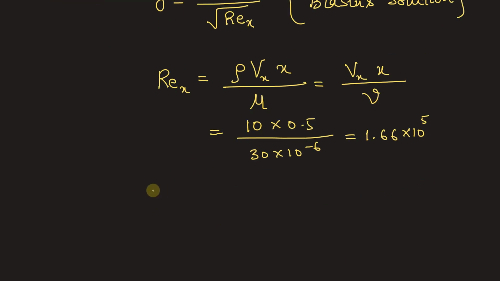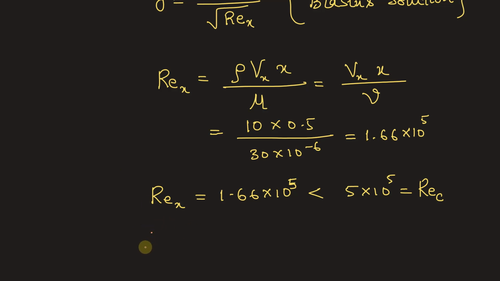Since the Reynolds number at x is equal to 1.66 into 10 to the power of 5, which is lesser than 5 into 10 to the power of 5, which is the critical Reynolds number, beyond which the flow is turbulent or in the transition condition. Before which the flow is said to be laminar.